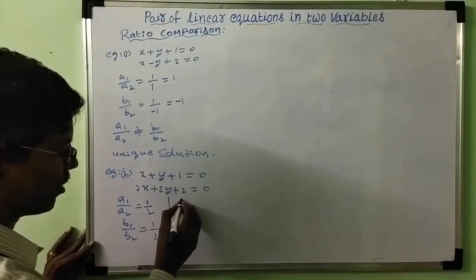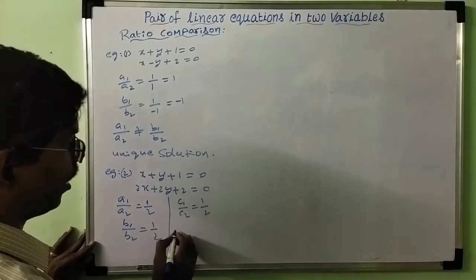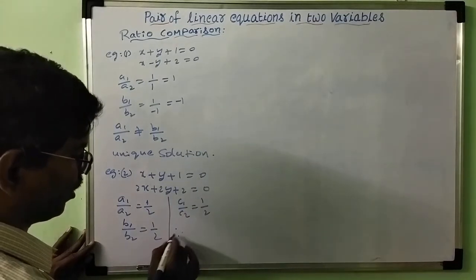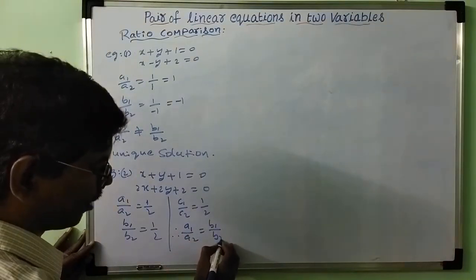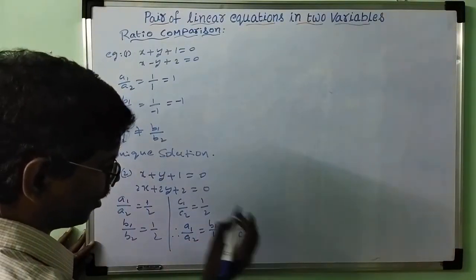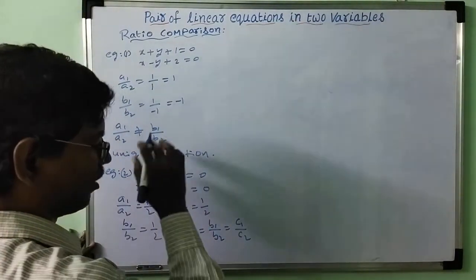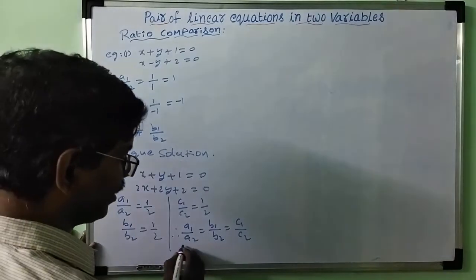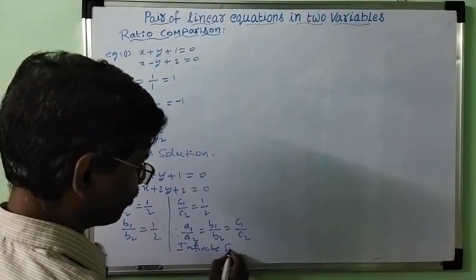And c1 by c2 is also 1 by 2. So all the ratios are equal. So which type of solutions do they contain? They are dependent lines. They contain infinitely many solutions.